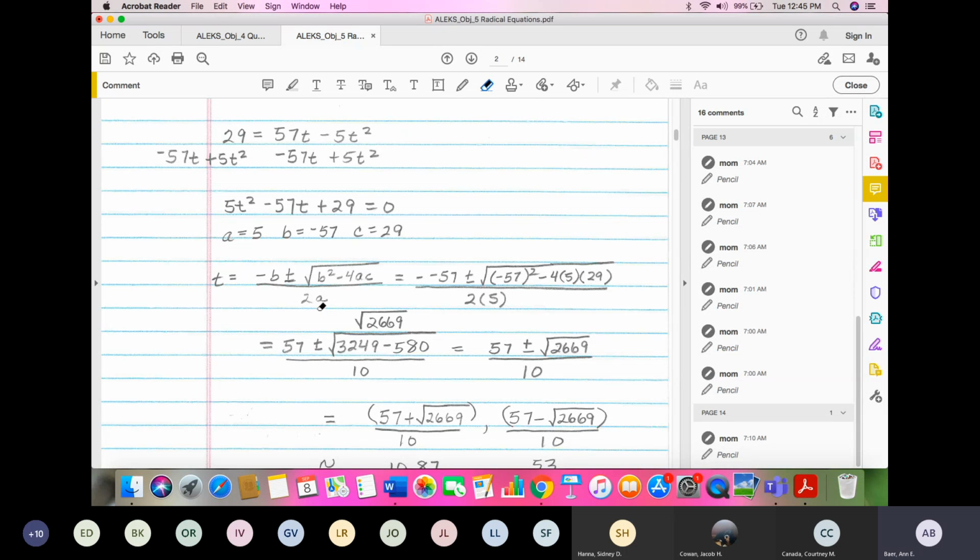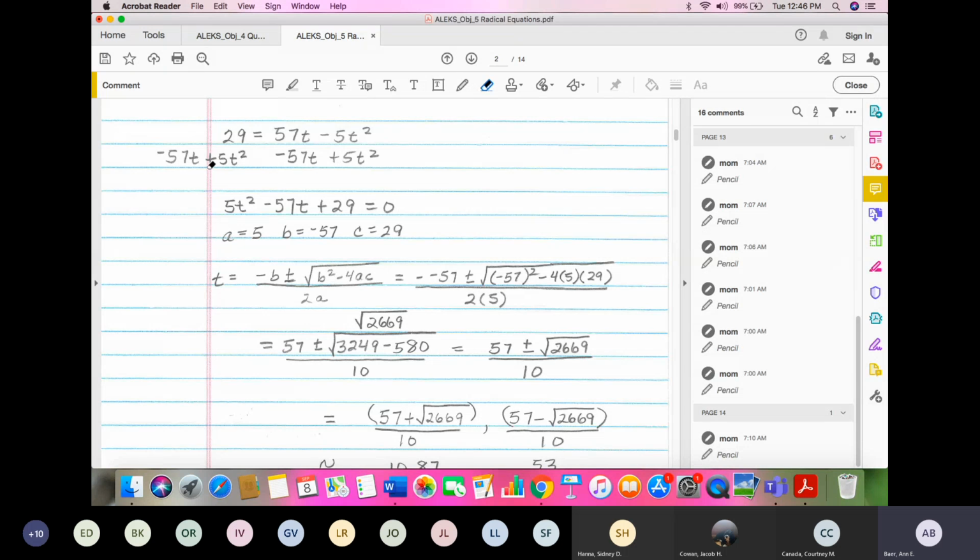Because I have an a in the denominator, and it gets confusing how to deal with that in the plus or minus. So I don't want to do that. So I'm going to move these guys over to the other side. The opposite of positive 57 is minus 57. And then, of course, the t's. The opposite of minus 5t squared is positive 5t squared. What I did to this side, we need to do to this side.